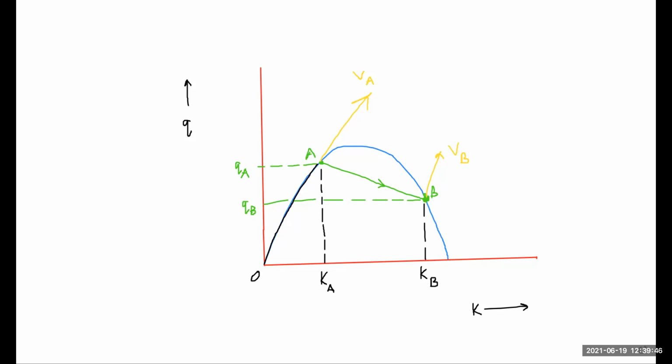So basically, just observe here, the slope is given by WAB.